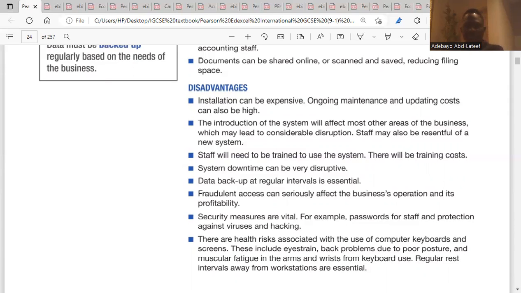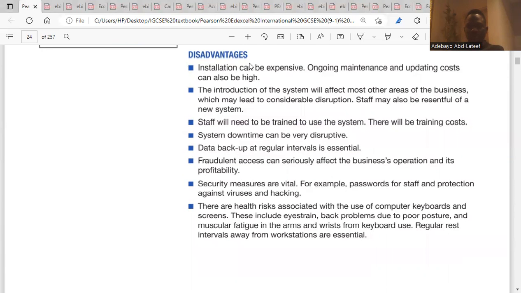2, the introduction of the system will affect most other areas. The introduction of this will disrupt the business operation.